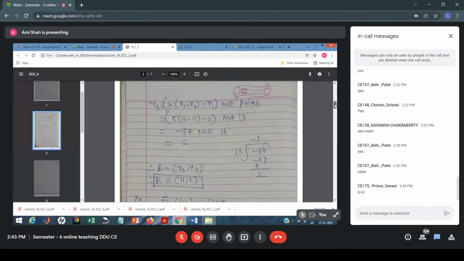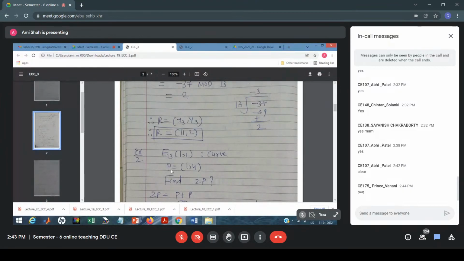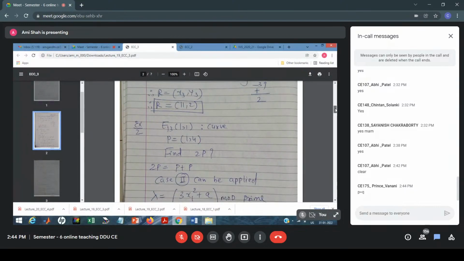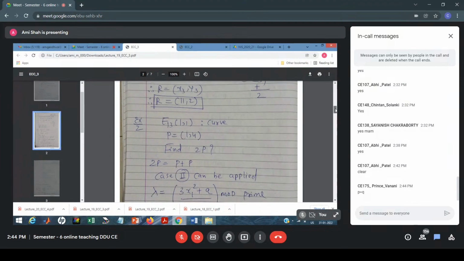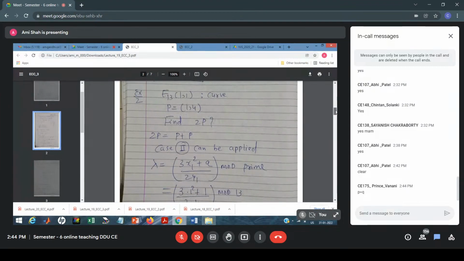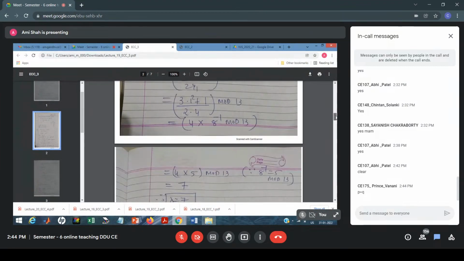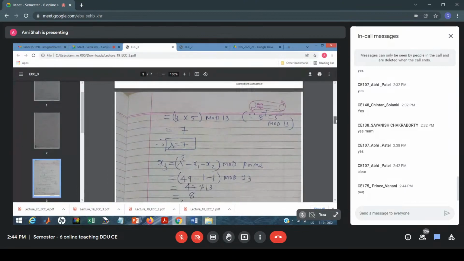Please write down this: E13(1,1). So the curve is E13 where the value of A is 1 and the value of B is 1. Okay, so quickly write down in your notebook. And also write down this thing.